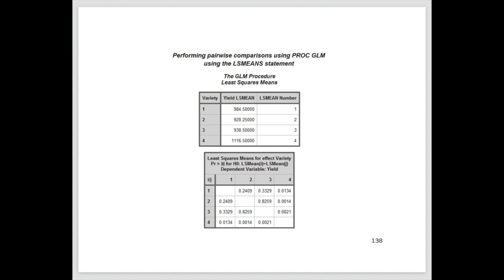And so we could look very quickly at this table of p-values and identify where the differences are. We see that mu4 is different than mu1, mu2, and mu3, but that there are no differences between mu1 and mu2, mu1 and mu3, and mu2 and mu3.